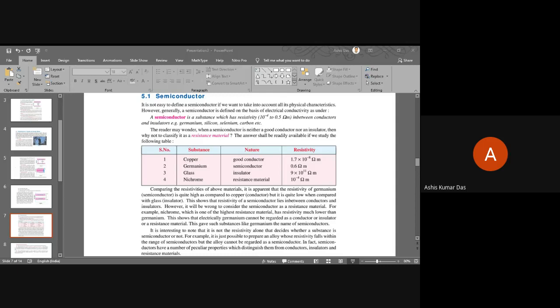So nichrome is mainly a resistance material, and it is basically used in heaters. The resistivity of this nichrome is 10 to the power minus 4.